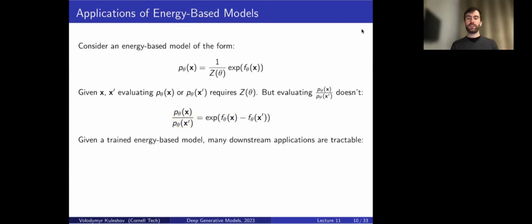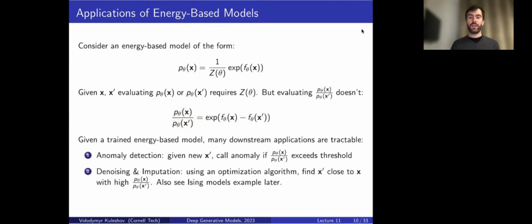As a result, many applications such as anomaly detection, and also denoising and imputation, for example finding an x prime that is close to another point x that is fully observed, we could try to optimize this ratio, and again, we wouldn't have to deal with the normalizing constant. So there are some downstream applications where the normalizing constant is not needed.